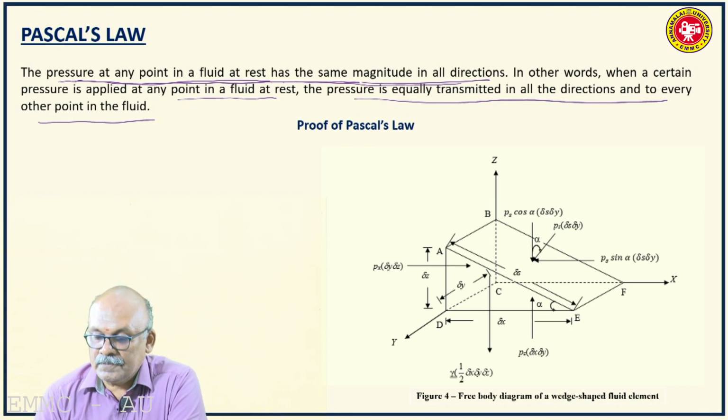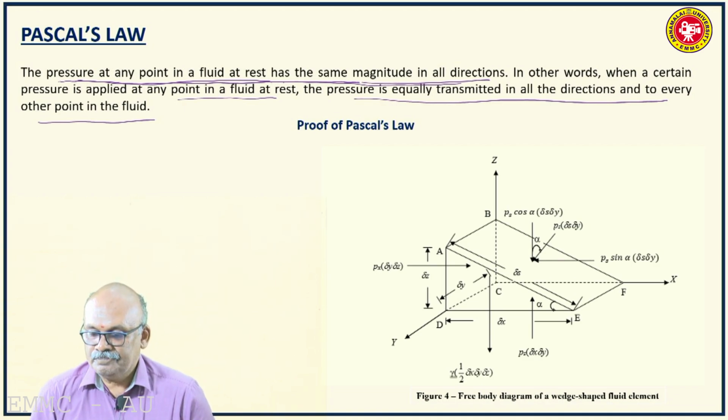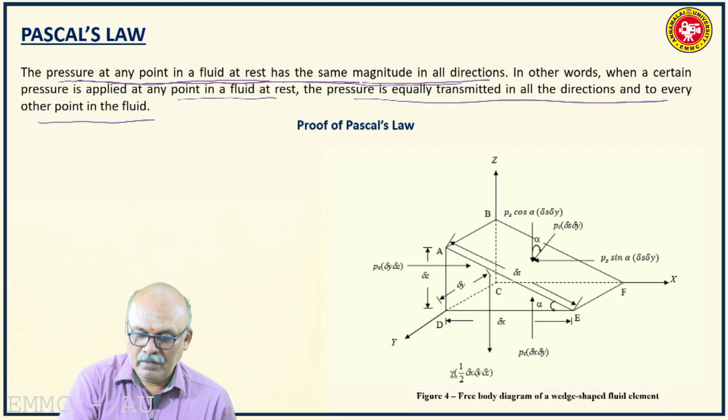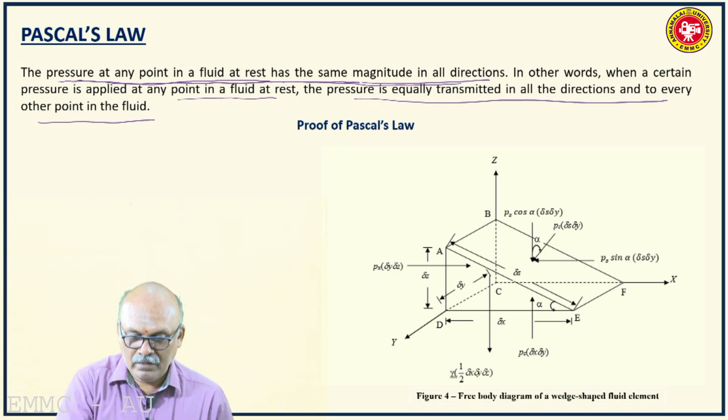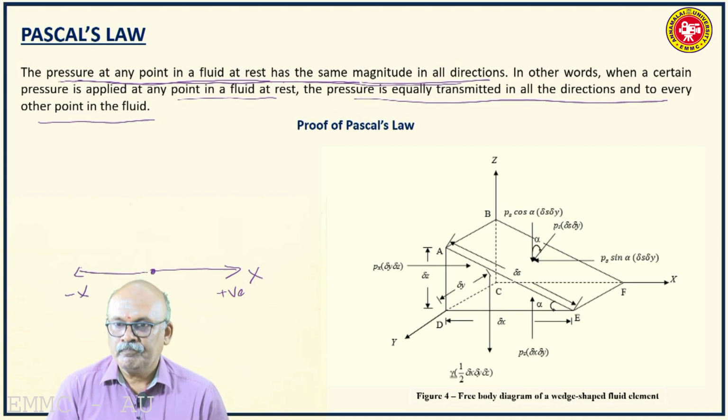So we consider a wedge shaped fluid element. Let me recollect, as we discussed in the previous derivation, the x direction is horizontal, this is the positive x direction, suppose this is the origin, and this is the negative x direction.